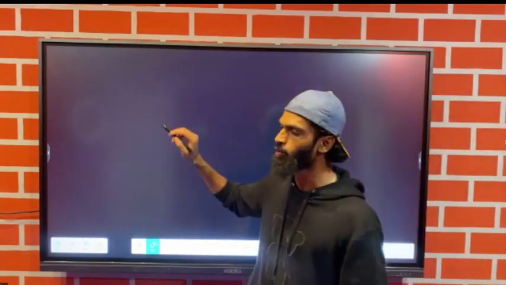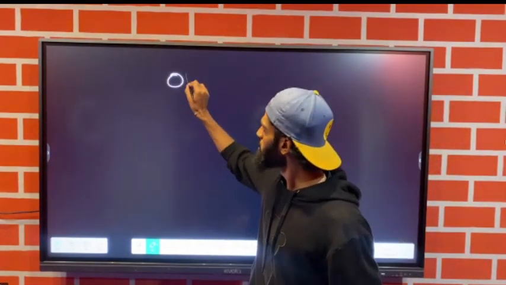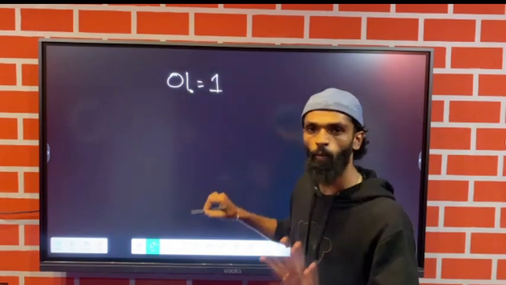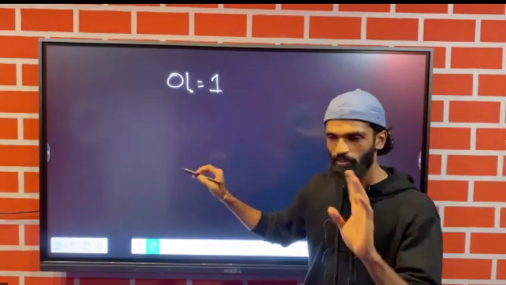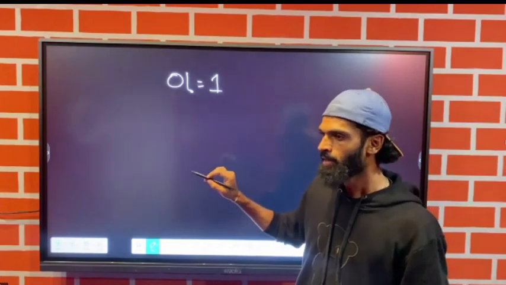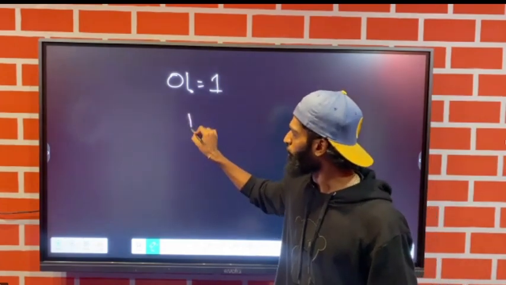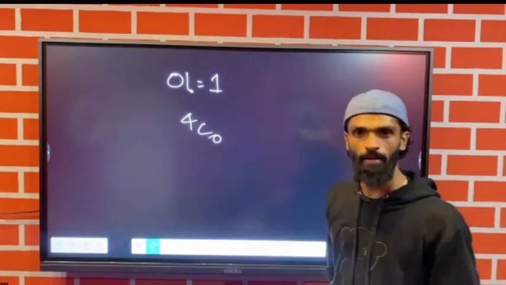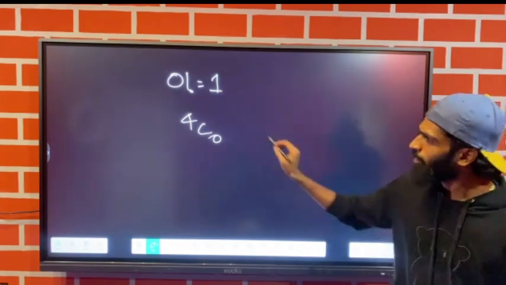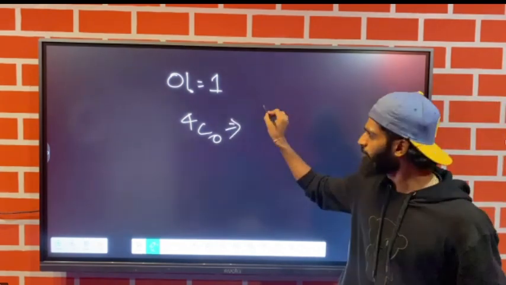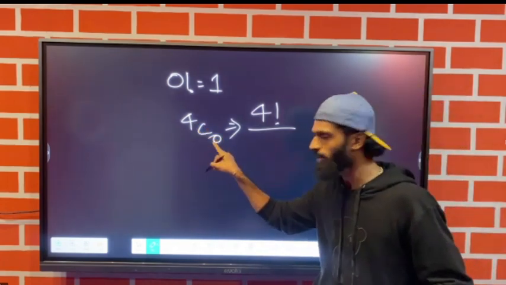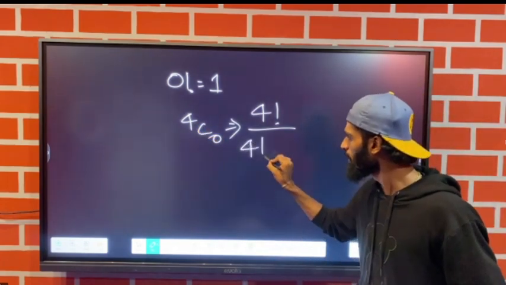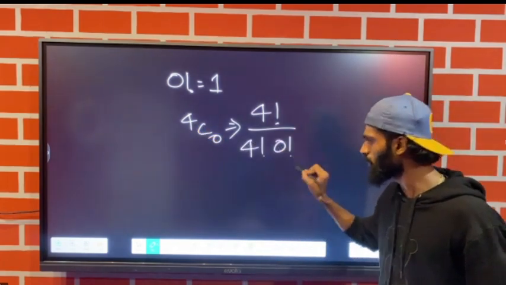Again, I told you 0 factorial is equal to how much? 1. Why? Don't ask me at this point of time. It's a very controversial question, I tell you. Let's try 4C0. We'll apply the formula first. n factorial as it is divided by, what is 4 minus 0? 4 factorial into 0 factorial.